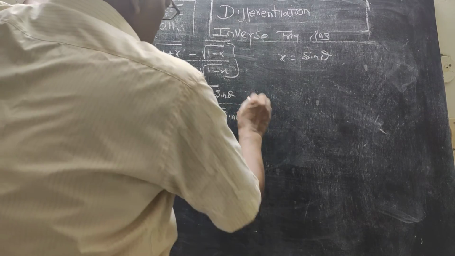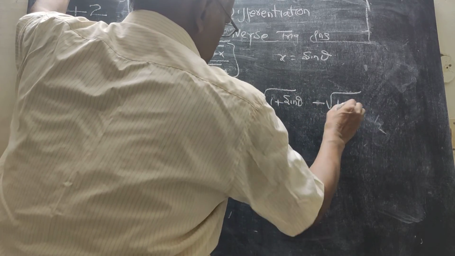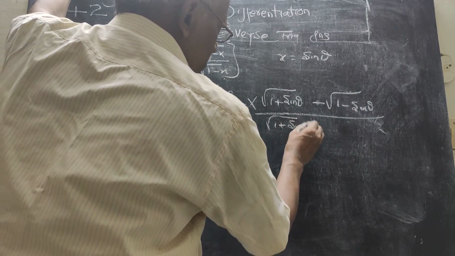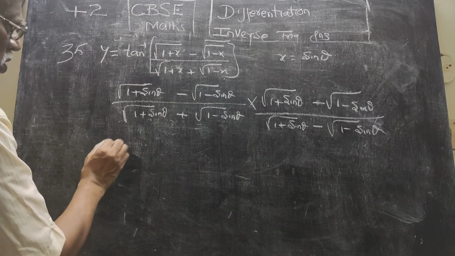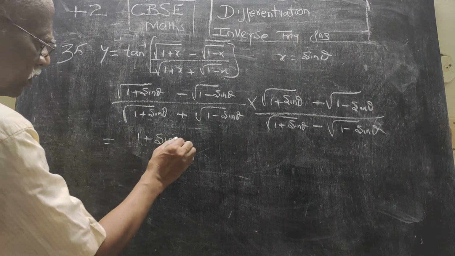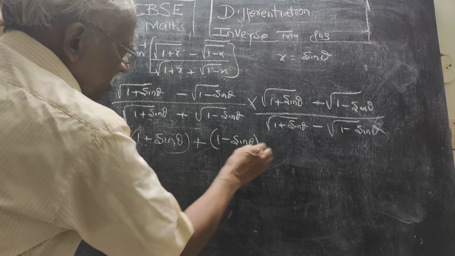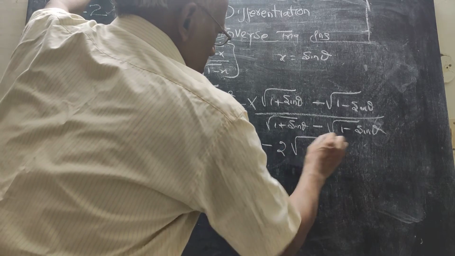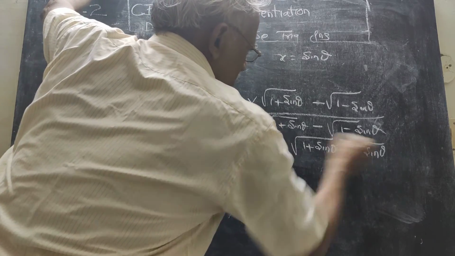So let me go for rationalization. Minus, 1 plus sine theta, minus, so a minus b the whole square: a square, and root and square goes off, so simply 1 plus sine theta, and similarly this will be 1 minus sine theta, the b square term, and then minus 2ab, minus 2 times root of 1 plus sine theta into 1 minus sine theta.